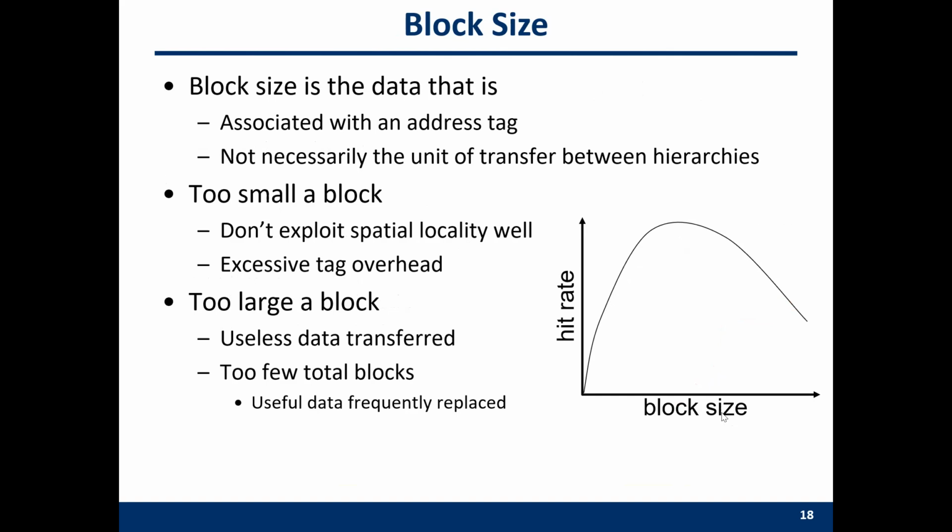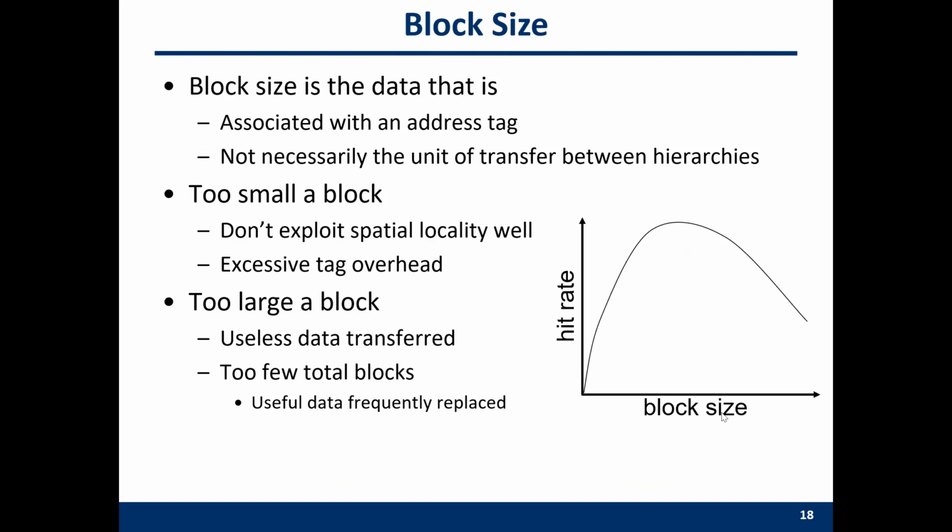Another important parameter is the cache line block size. It can be 32, 64, or 16 bytes. The block means each time you read how much data from the DRAM to the cache.